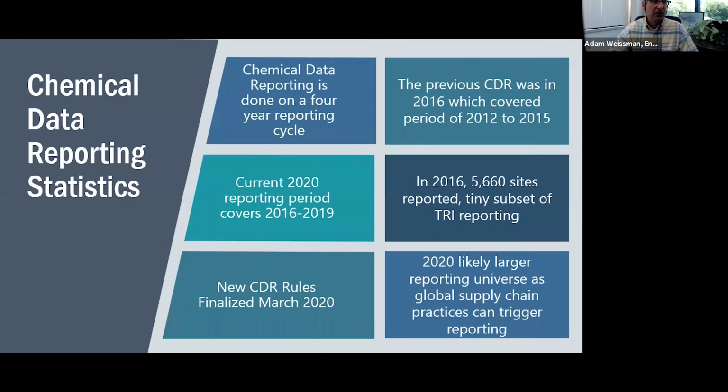I believe that 2020 should have more reports filed. I think that the reporting universe is subject to increase because of global supply chain practices, and I'm going to talk about importing and several other things. But that's my belief. I think we're going to see more reports for the 2020 cycle.